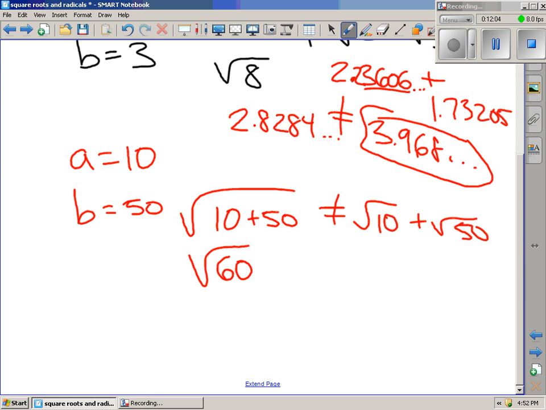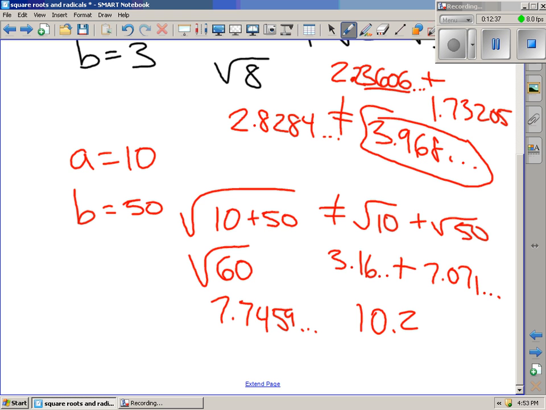So we take the square root of 60, and we get 7.7459, etc. And the square root of 10 is equal to 3.16, etc. The square root of 50 is equal to 7.071, etc. We're going to add those two values together, and we get approximately 10.2. And you can see that those are not equivalent.